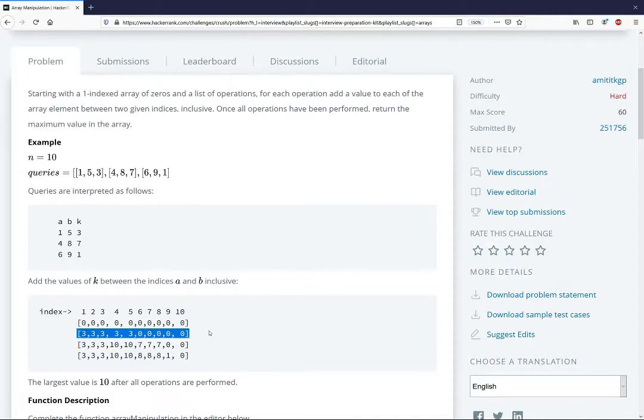If you're just looking at the actual values of this array, there's information in 5 separate entries. However, we see there's only 2 possible values in this array. It's either going to be 3 or it's going to be 0. So let's see if we can use that to our advantage.